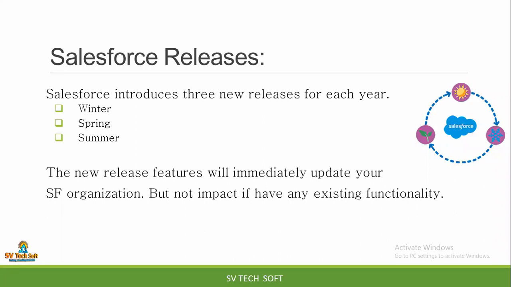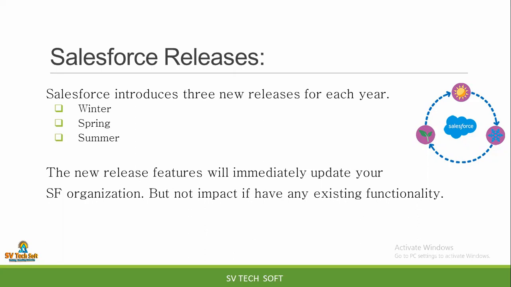Whenever a new release comes into the market, it won't impact your existing functionality, because Salesforce is not used only by you; a lot of companies and customers are still using the software. If any new release comes into the market, it won't have any impact on their functionality.